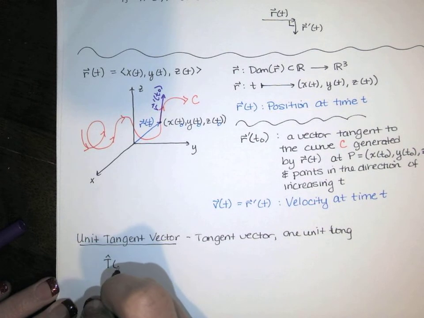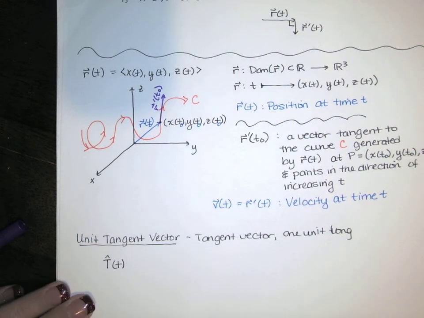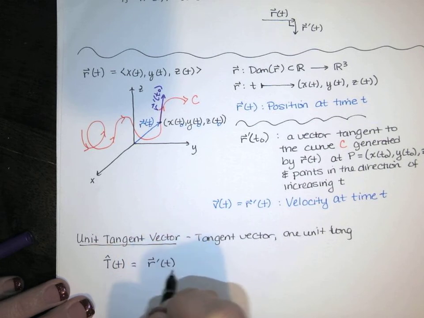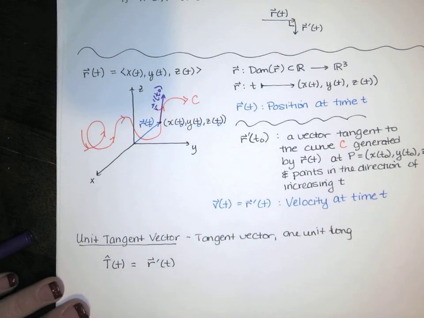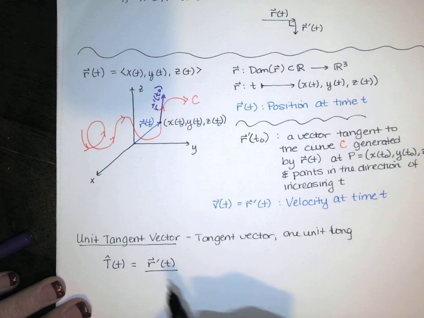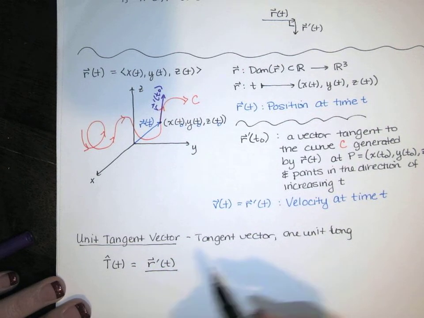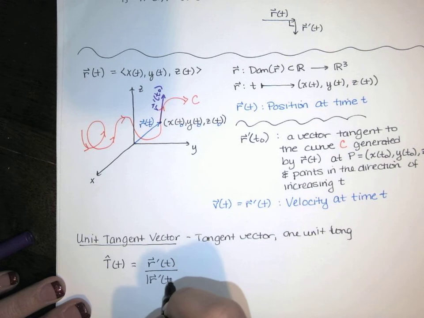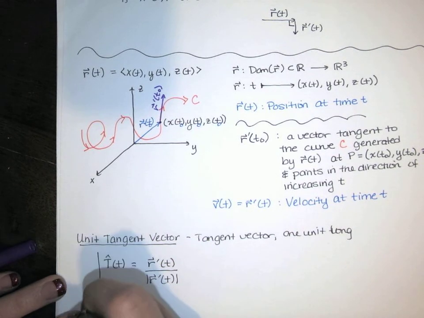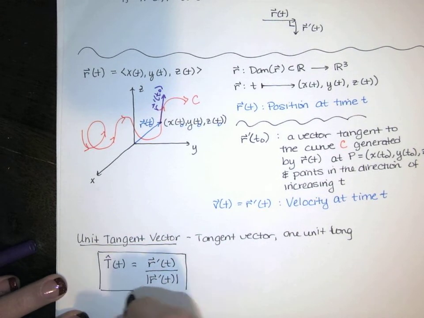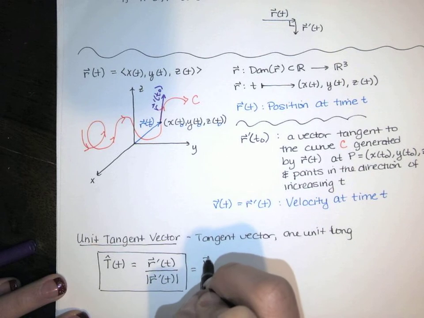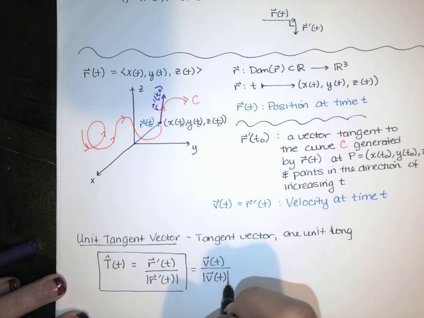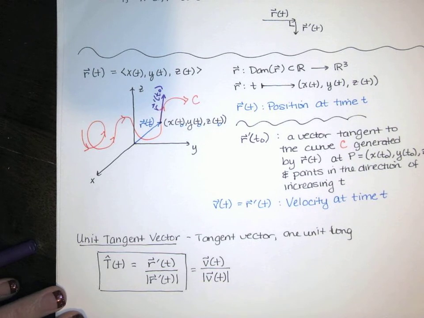this way. I'm going to call it t hat of t, and it's going to be given by r prime of t, that's the tangent vector, or the velocity vector. And then we're going to take that velocity vector, or the tangent vector, and we're going to divide by its magnitude to make it 1 unit long. I tend to think of t hat this way, but remember r prime is velocity, so if you prefer, you could call that the velocity divided by the magnitude of the velocity.